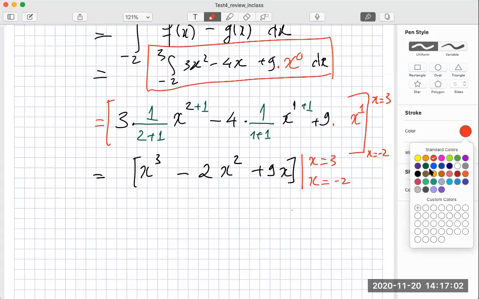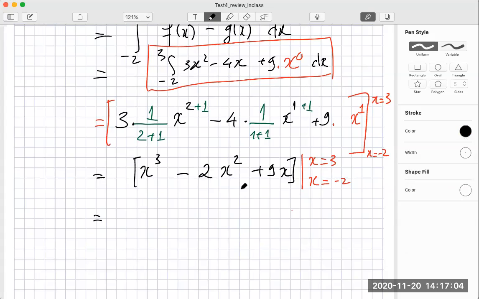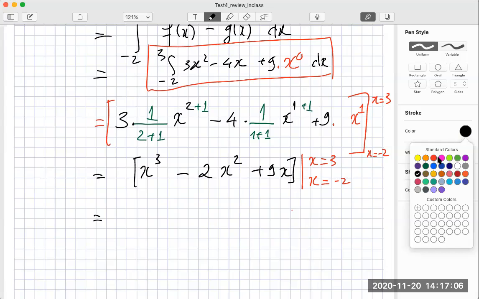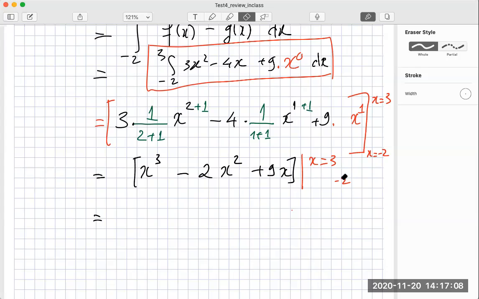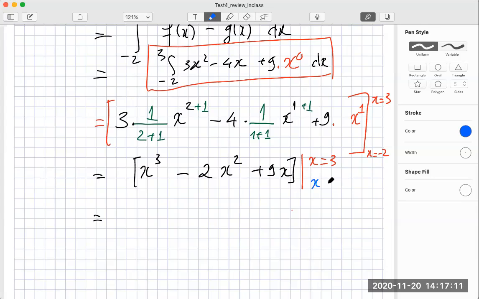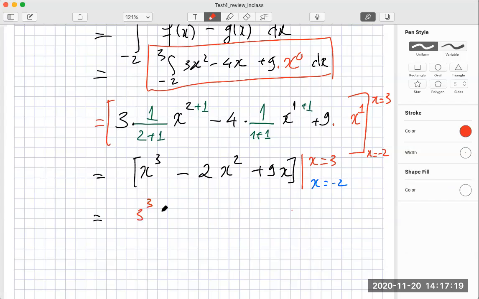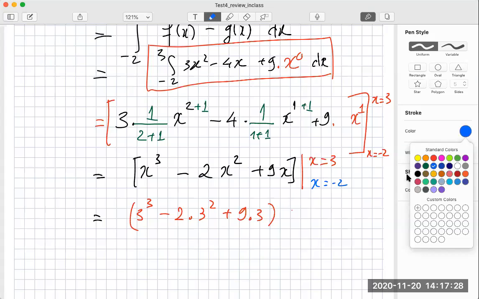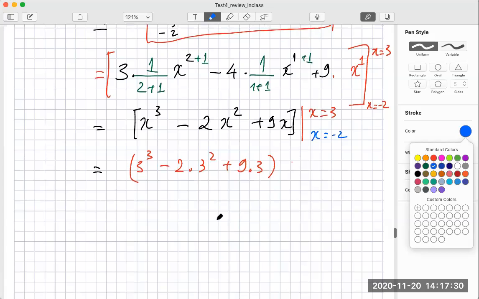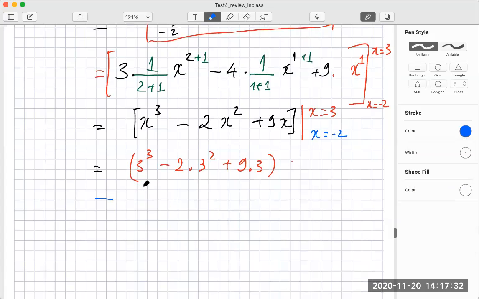Okay, let us evaluate this one. The first one, we replace x by 3. It will be 3 to the 3 minus 2 times 3 squared plus 9 times 3. That is the upper limit. Then remember, subtract.